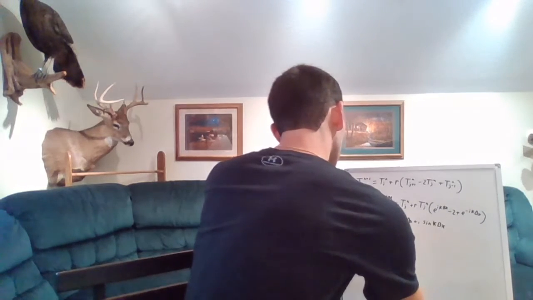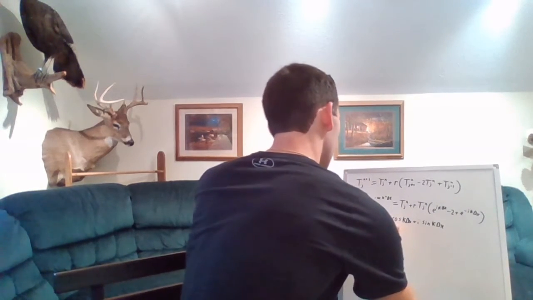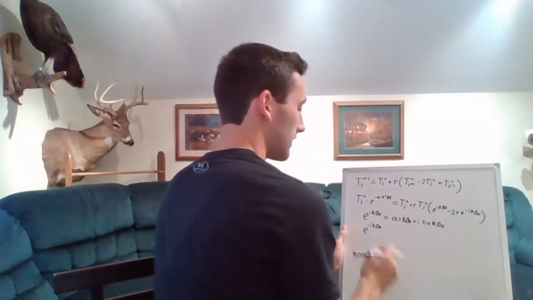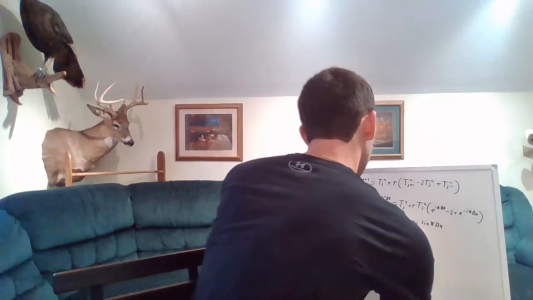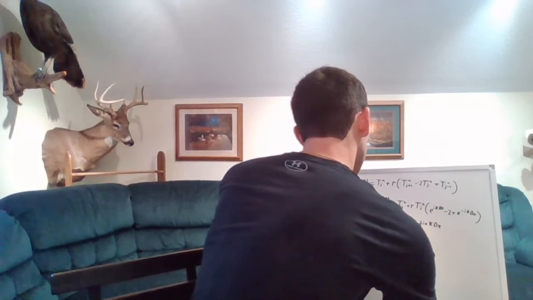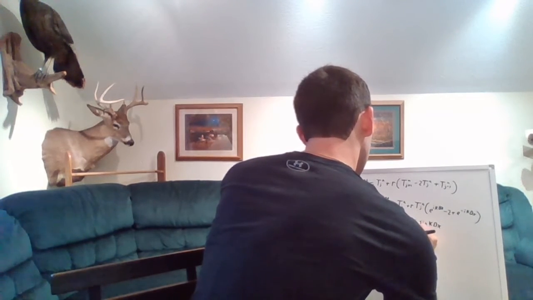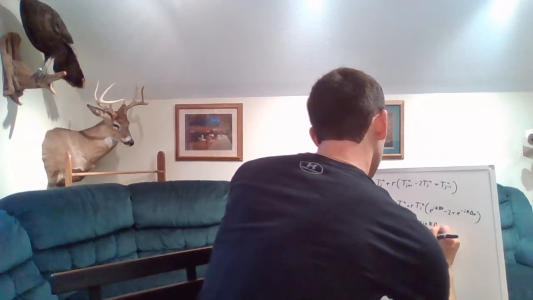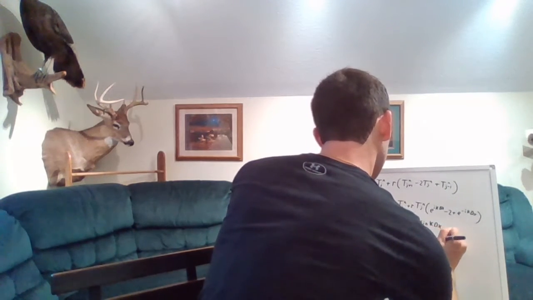Similarly, e to the negative ik delta x equals cosine k delta x minus i sine k delta x.